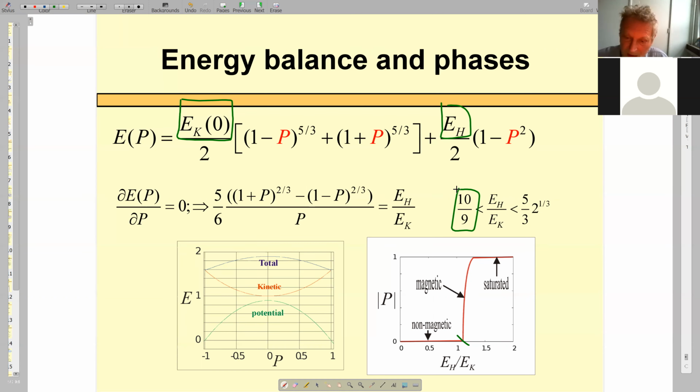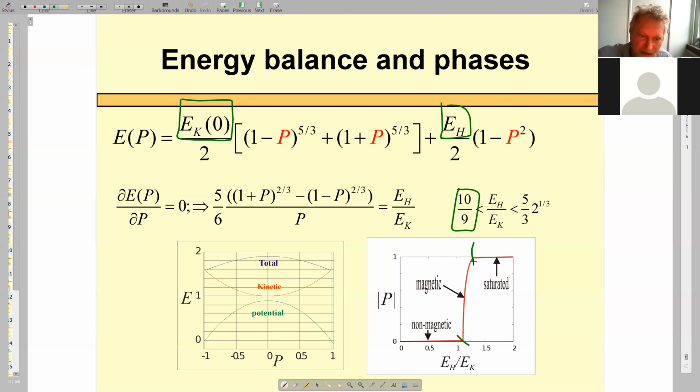And at some other critical value of this ratio, all electrons just turn to the same direction. Polarization is absolute. Magnetization is saturated. So how can I come to this conclusion?